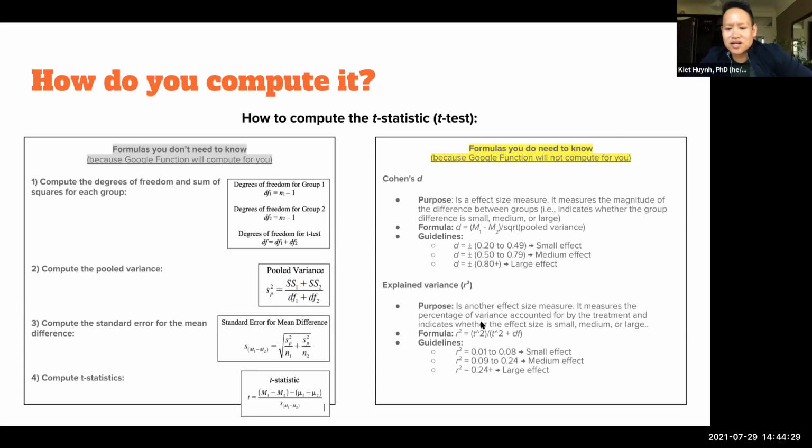So this is an interesting concept. This is also another effect size measure. It measures the percentage of variance accounted for by the treatment and indicates whether the effect size is small, medium, or large. Percent of variance means how much the treatment is responsible for improvement.